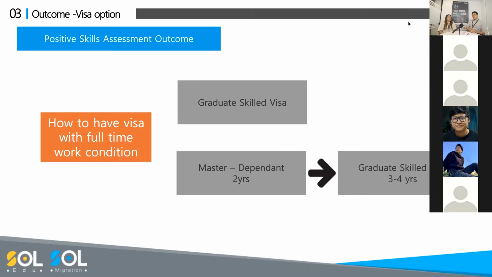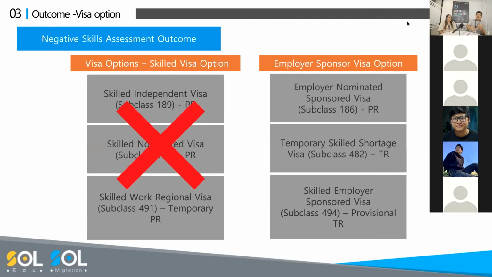So let's say in a 2-year master degree, during those 2 years, Diego has full-time working rights. And while the partner is studying, Diego will make money and try to obtain relevant work experience to prepare for the future visas. I understand it costs a lot, but I believe it is an effective investment.